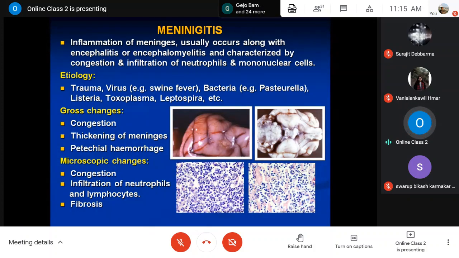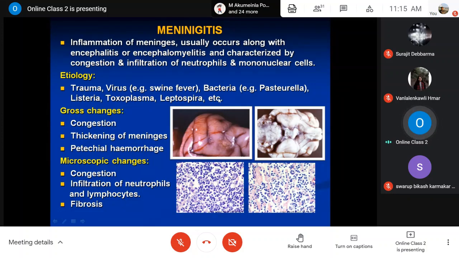Whenever you have meningitis, you will have severe congestion, as I'm showing here, with infiltration of inflammatory cells like neutrophils or mononuclear cells like lymphocytes. It can be caused by traumatic injuries or infections like swine fever virus or Vena virus.